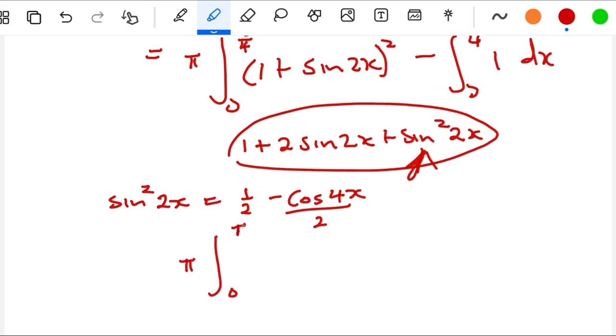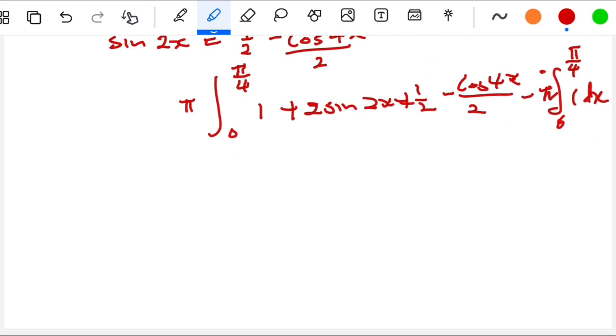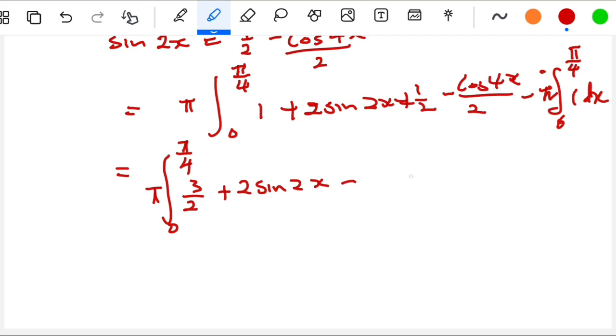Okay, so let's come back here. Pi integral from 0 to pi over 4 of 1 plus 2 sine 2x plus half minus cos 4x over 2, minus 1 there. Okay, so this is going to be what? Pi integral from 0 to pi over 4 of 3 over 2 plus 2 sine 2x minus cos 4x over 2.